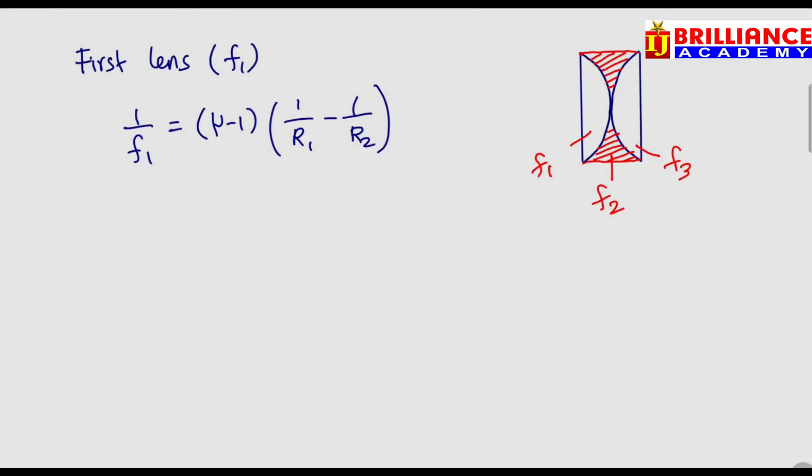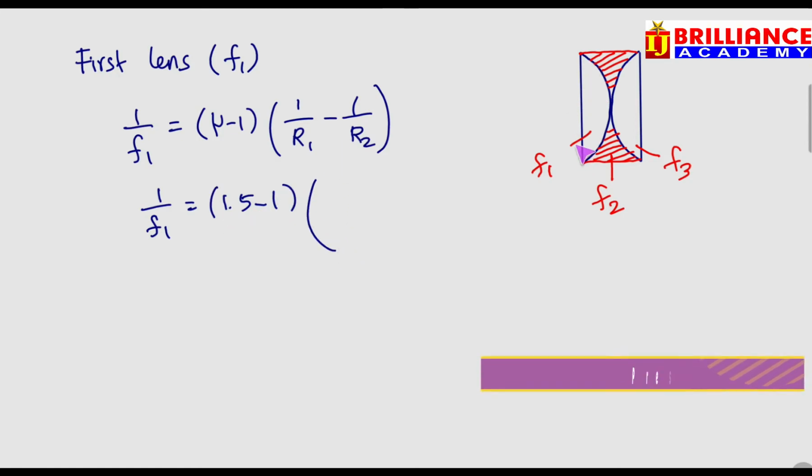So let us find the focal length for the first lens, f1. I have written the formula. So 1 by f1, I know the mu value, which is 1.5. So 1.5 minus 1 and 1 by r1. See, the first portion is plane, so the radius of curvature will be infinity. So 1 by infinity minus 1 by, and the radius of curvature given is 20, but it falls on the negative side, so minus 20.